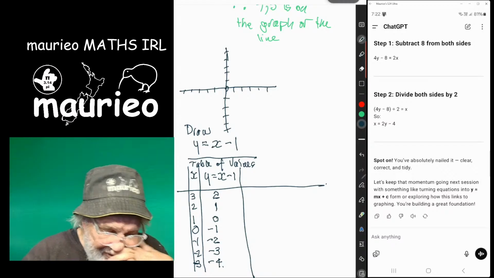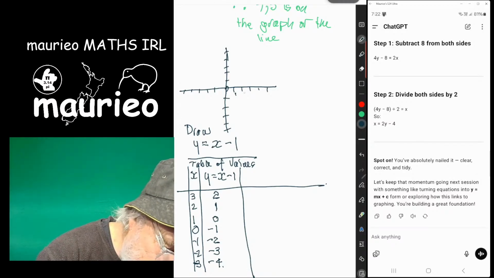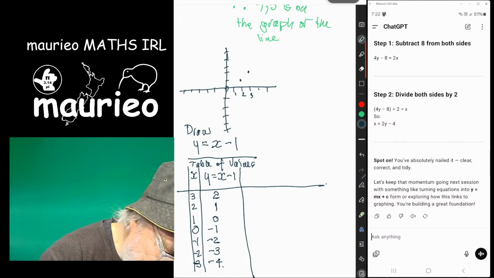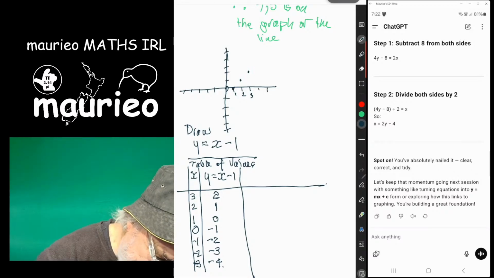So these give us the coordinates. We've got 3, 2 is there. 2, 1 is there. 1, 0 there. 0, negative 1 there.